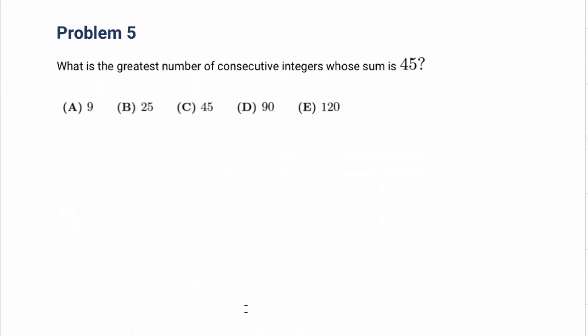Alright, take a look at number 5. What is the greatest number of consecutive integers whose sum is 45? Consecutive integers. Okay, increased by 1, right? Integer, not positive integer. This is not positive. It can be a negative number too. So to have a sum of 45, from 0, negative 1, 1, that is 0, right?